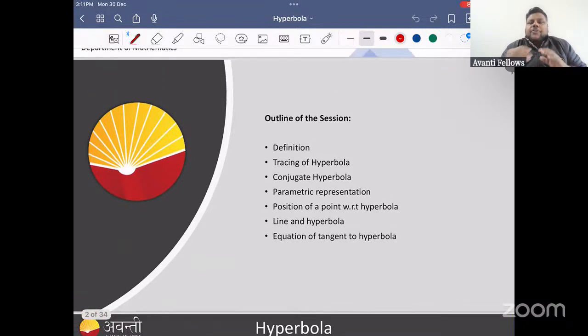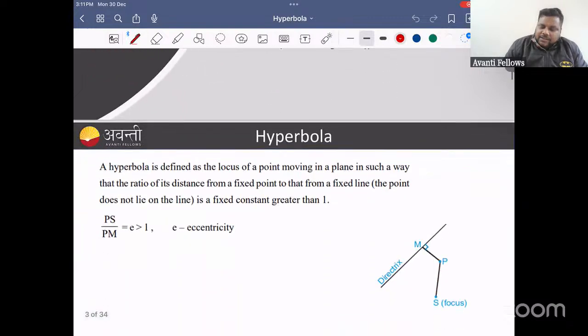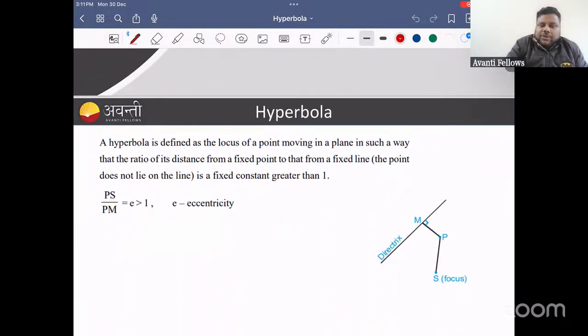All right. Now, if you remember, in the definition of conic section, I told you: locus of a point which is moving in such a way that the ratio of its distance from a fixed point and from a fixed line is always constant, then that locus is called conic.